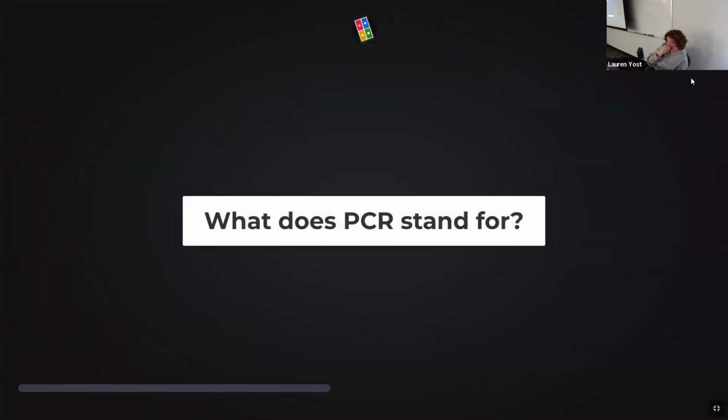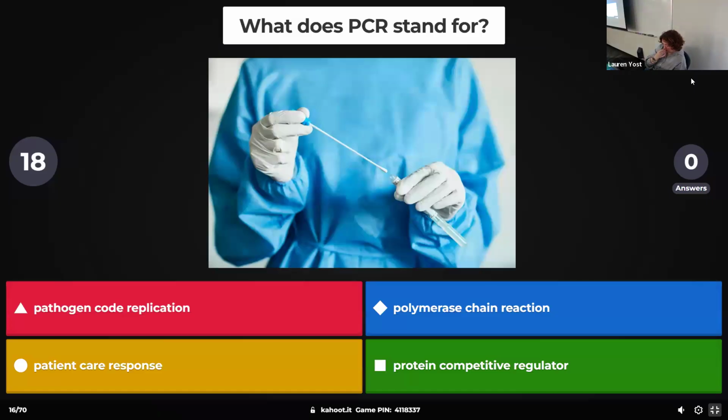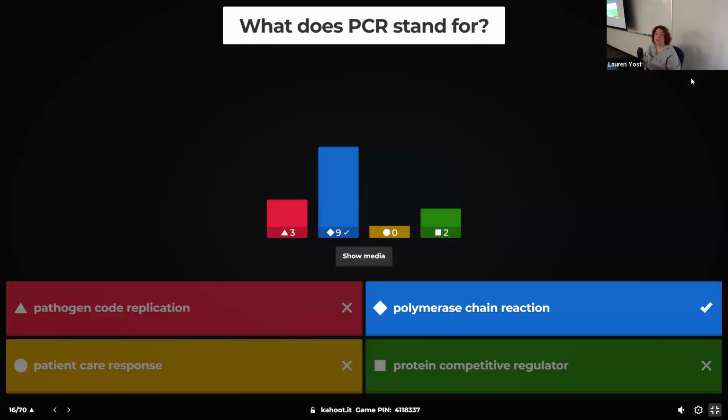Alrighty, what does PCR stand for? What do the letters stand for? All right, so PCR stands for polymerase chain reaction, and it's talking about DNA polymerase here.